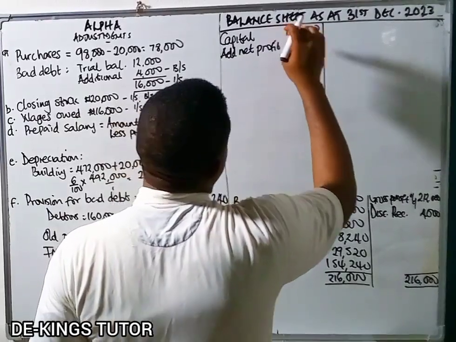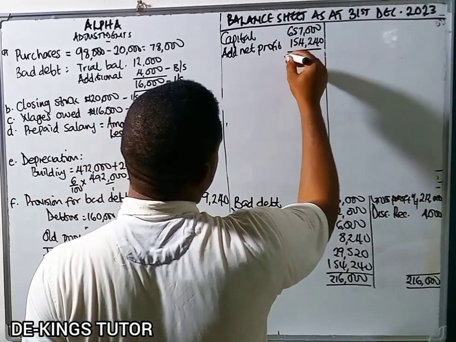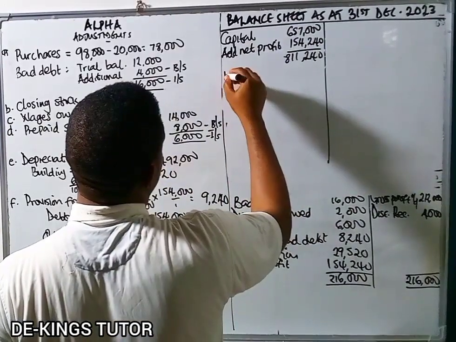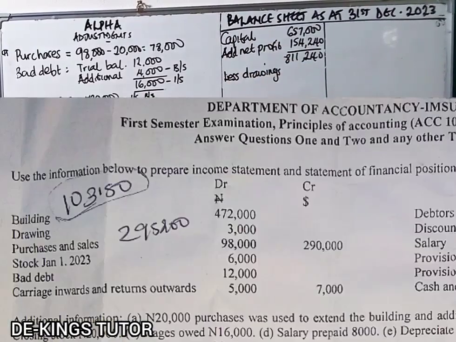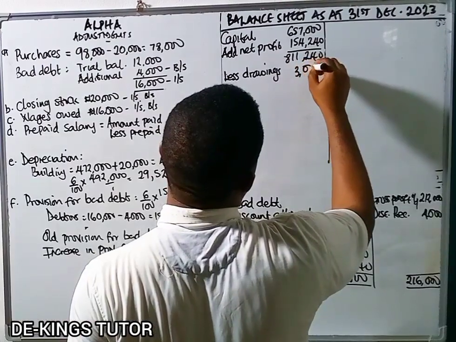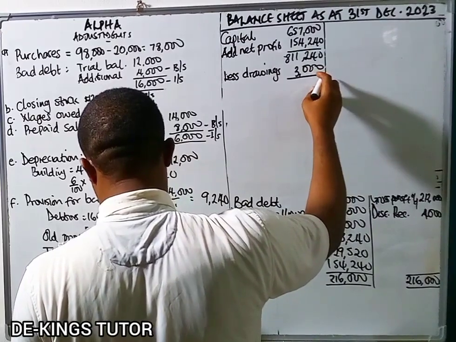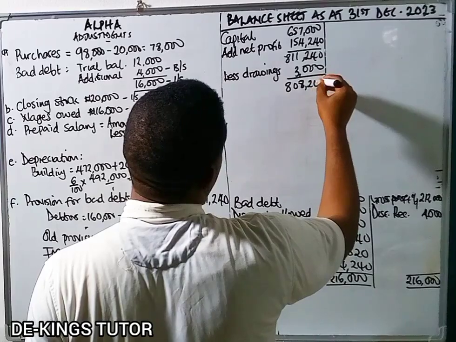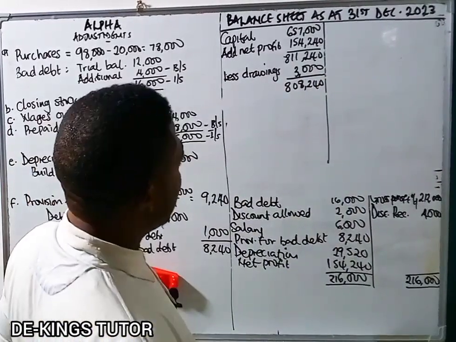So 657,000 plus 154,240, from our calculator, will give us 811,240. The next thing is to less drawings. The drawings there is 3,000. So 811,240 minus 3,000 will give us 808,240.